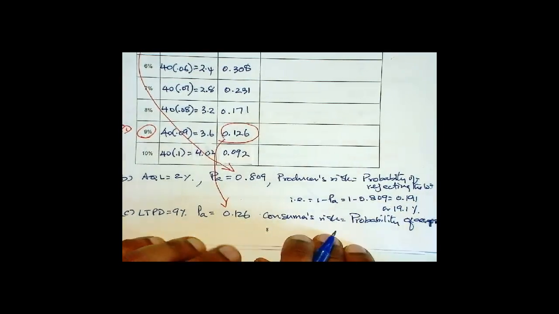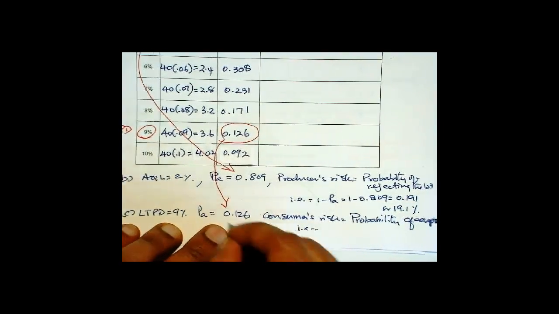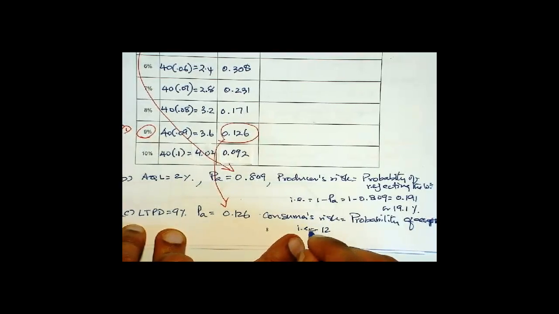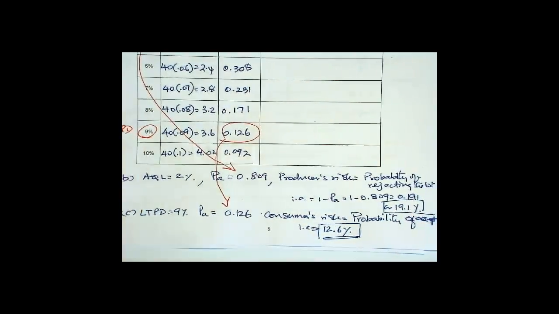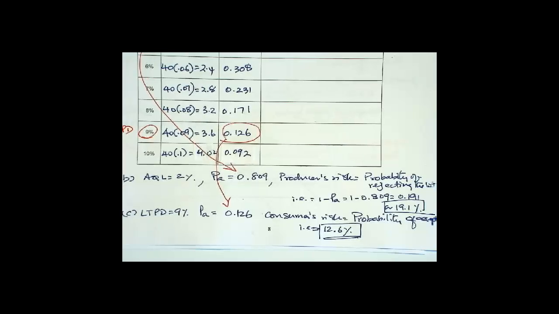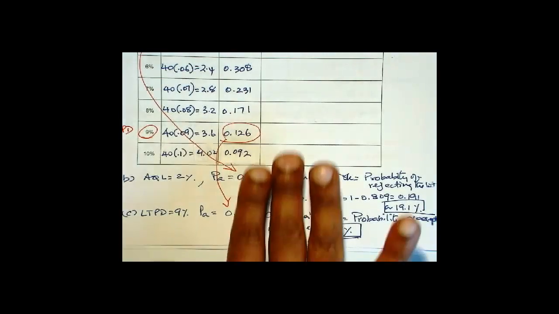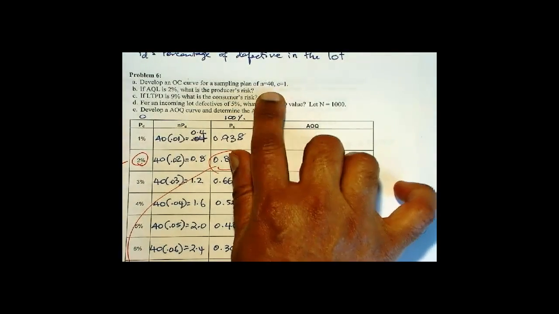So that is that itself, you don't need to do anything, 12.6% is the consumer's risk. So if these are acceptable, then you can use n equal to 40 and c equal to 1 as your sampling plan.